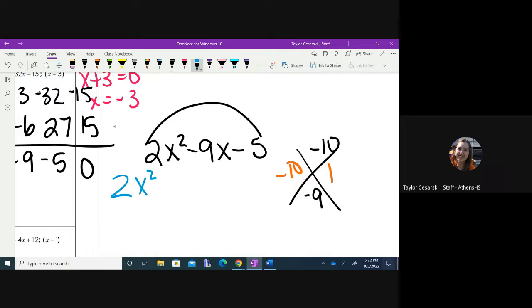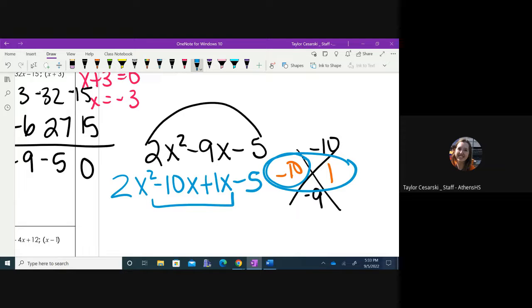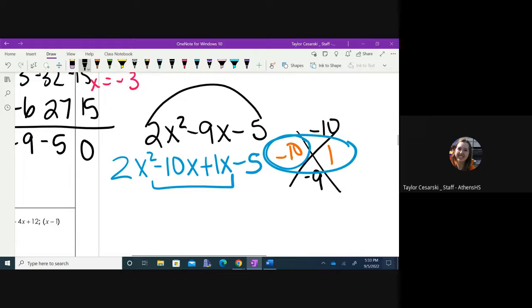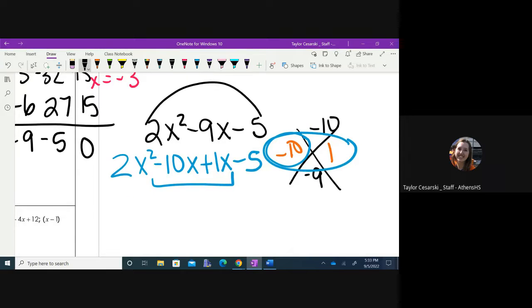So 2x squared, I'm going to take one of my terms, minus 10x plus 1x minus 5. So all I did was rewrite that part right there with my factors. Again, I don't care how you factor, but you need to be able to factor. All right, so then it's just a factoring by grouping problem. GCF of the first two terms is 2x, and then x minus 5.